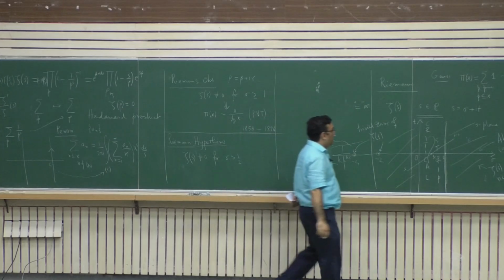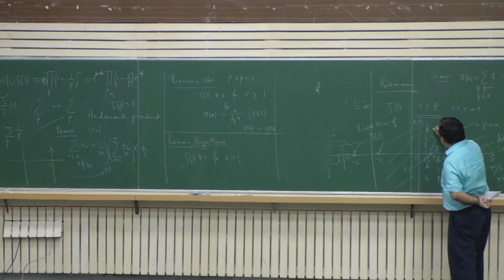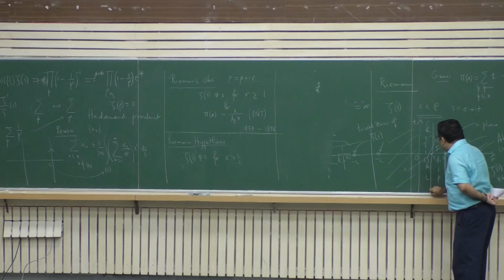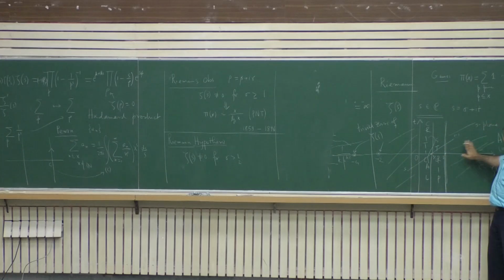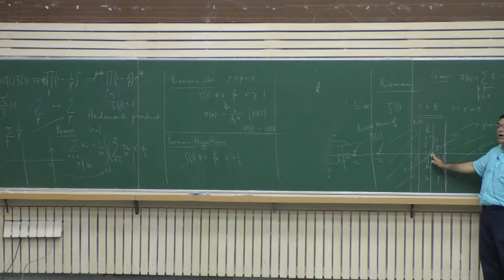So if you draw this line through the center at 1 half, we know there are no zeros for sigma greater than or equal to 1, and Riemann conjectured there are no zeros for sigma greater than 1 half.